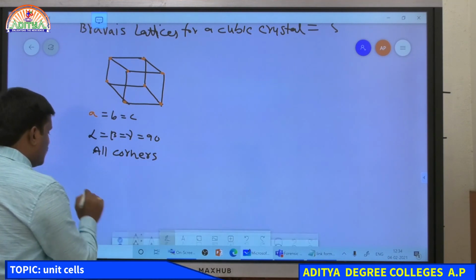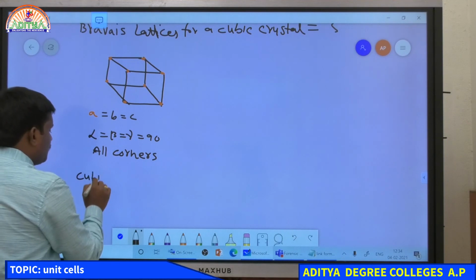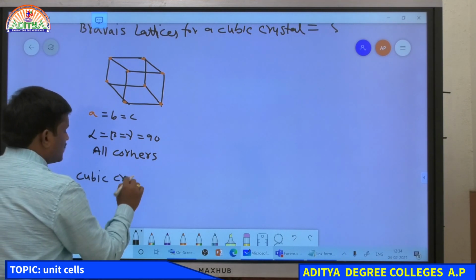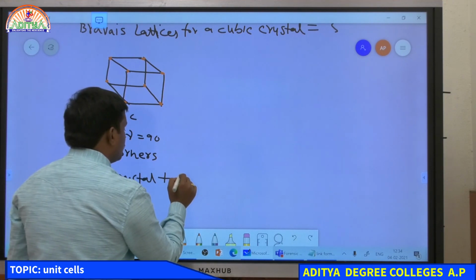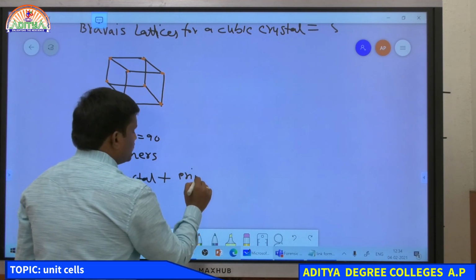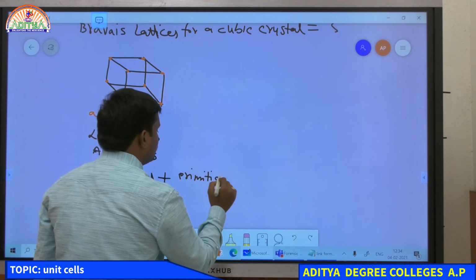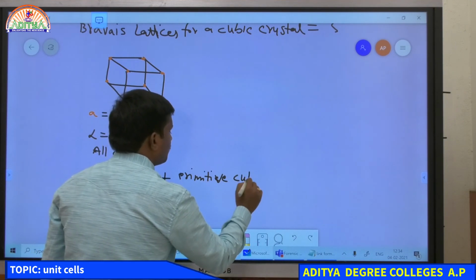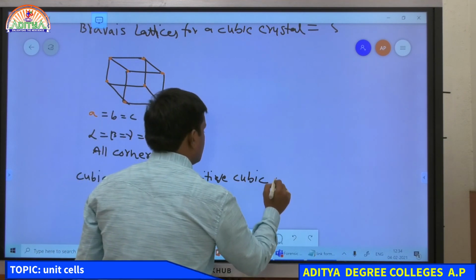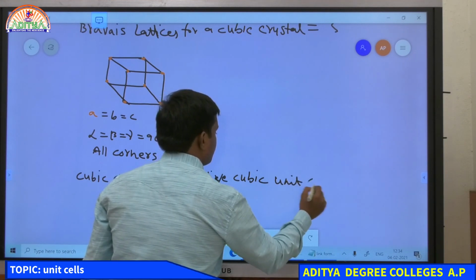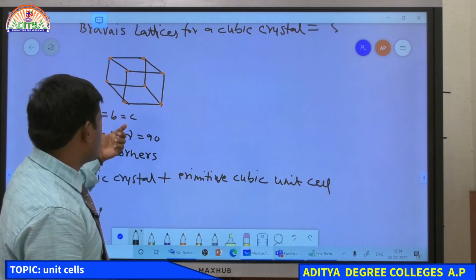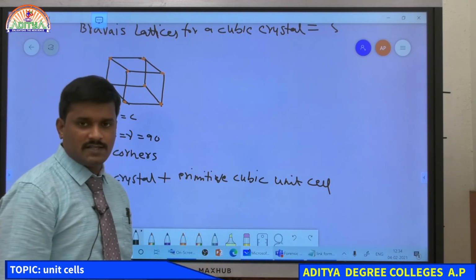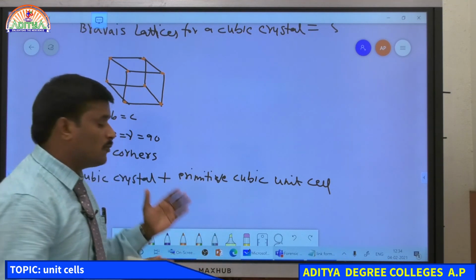So, this is a cubic crystal containing a primitive cubic unit cell. This is the one type of cubic crystal.